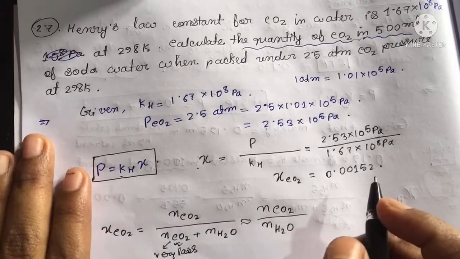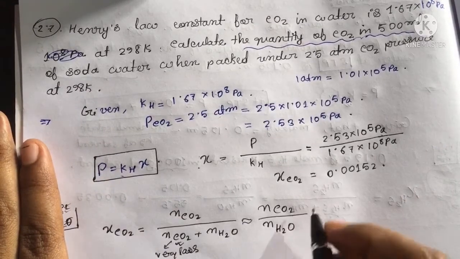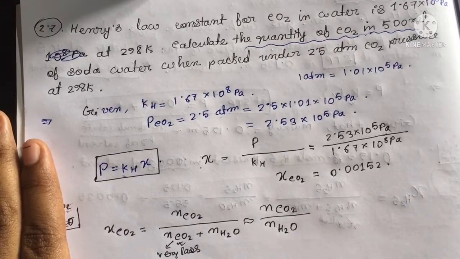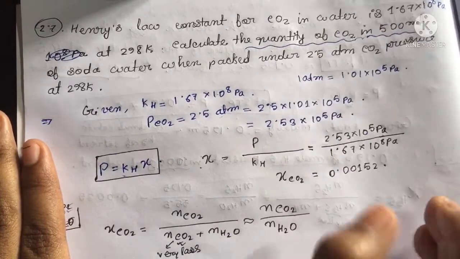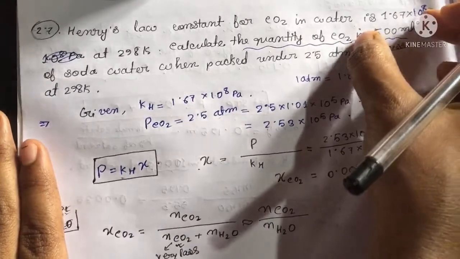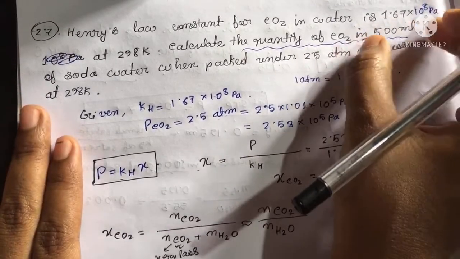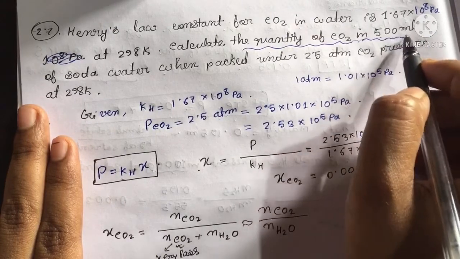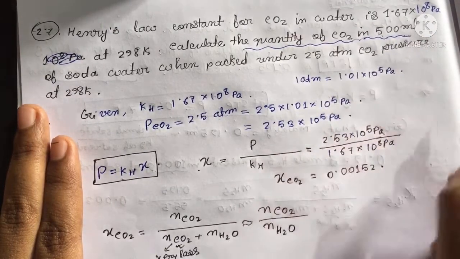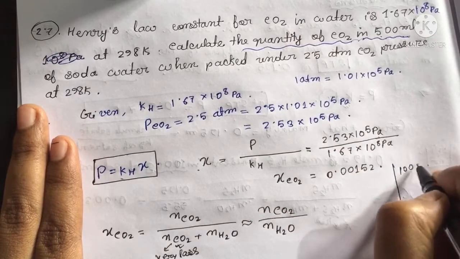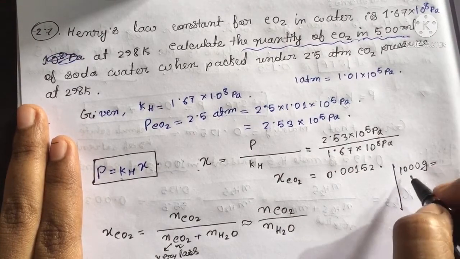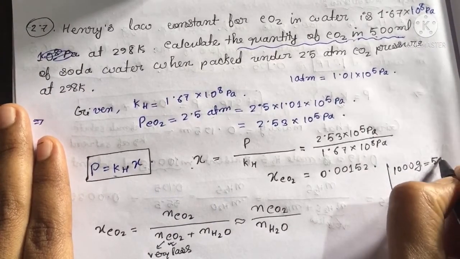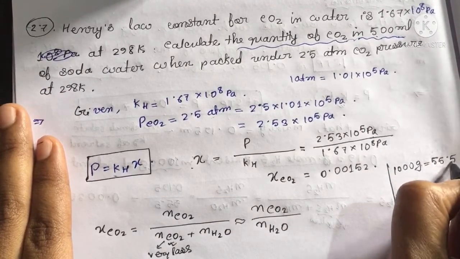Remember that the number of moles of H2O is 55.5 when 1000 gram or 1000 ml is given, but here the volume is 500 ml. For 1000 gram we already got the moles of water as around 55.5.